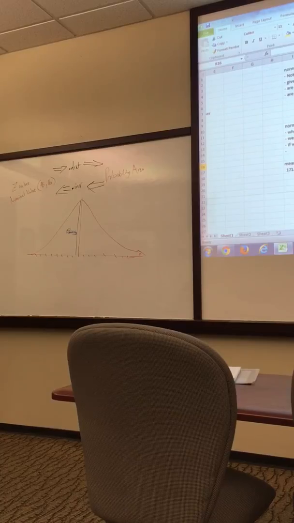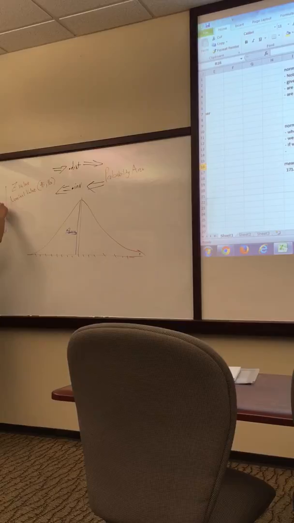So far, out of all we've learned, this is kind of the most important stuff. The other stuff is just putting pivot tables together and formatting. But remember, either we're dealing in standard normalized, so norm.s.dist, or we're dealing in just regular normal distributions.